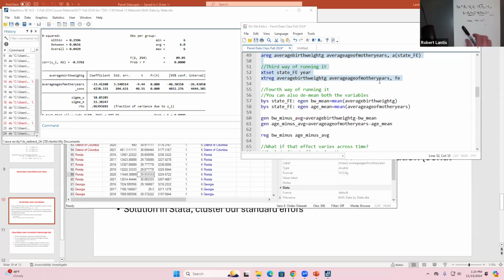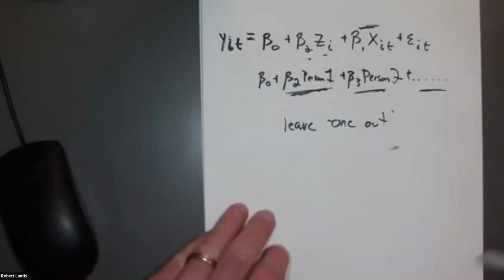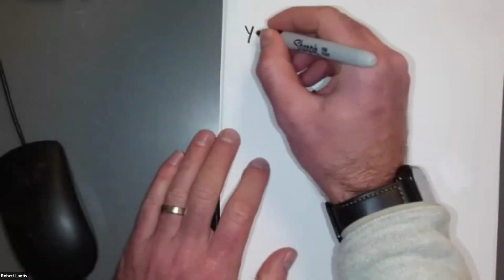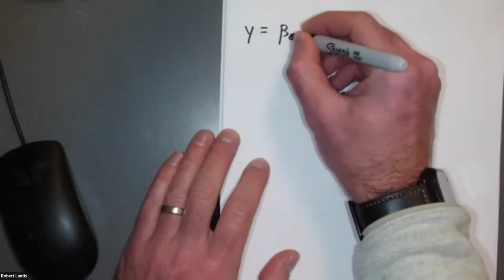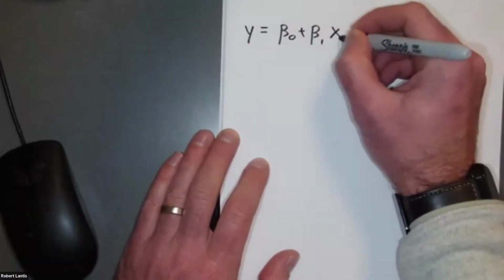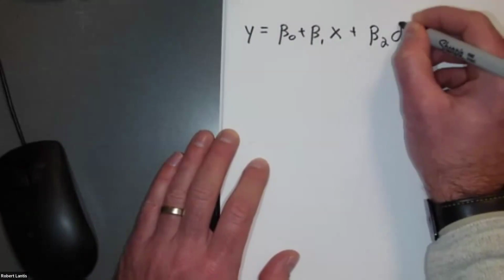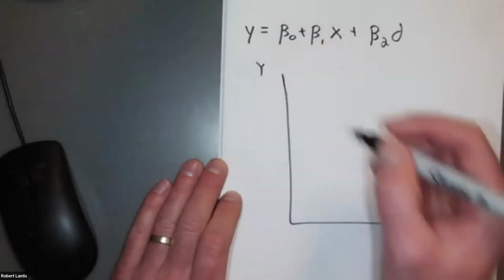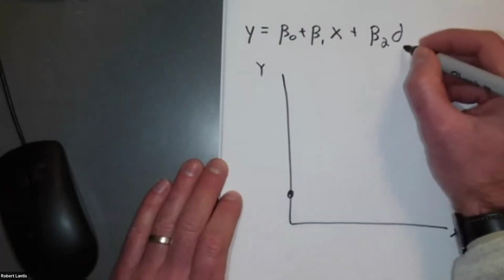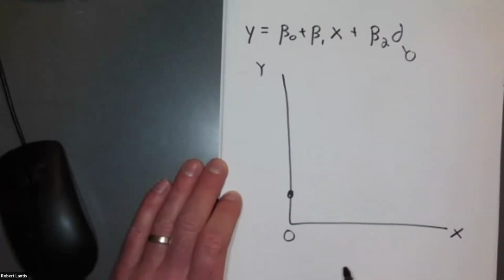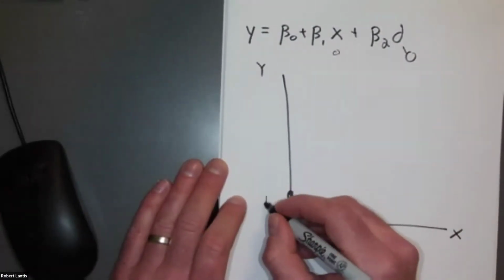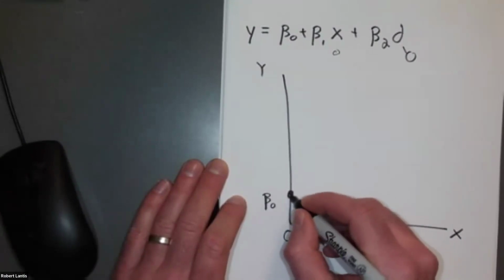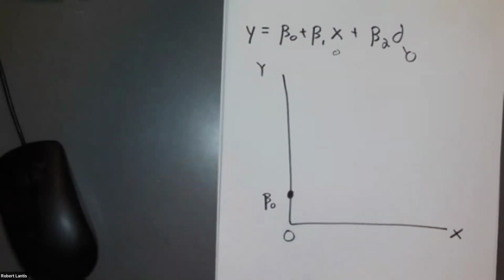So what we're going to do, instead of creating these dummy variables, is think about what a dummy variable really does, with the most simplistic example. Let's say I had Y. We'll go back to non-panel data just to make this point. If I was trying to graph out this relationship between X and Y, if that dummy variable was equal to 0 and X was equal to 0, beta 0 represented the intercept value for that 0 group.